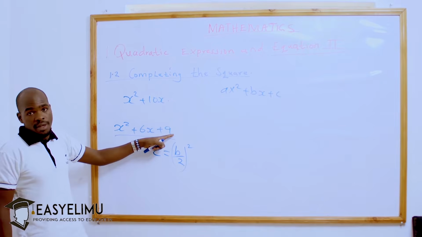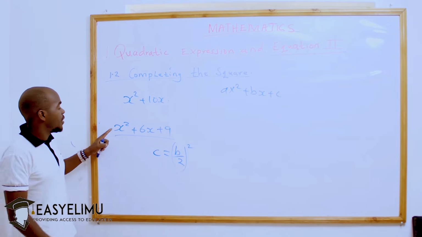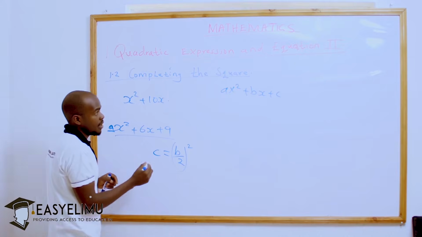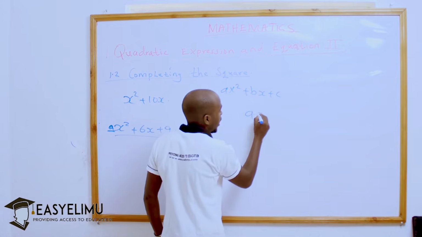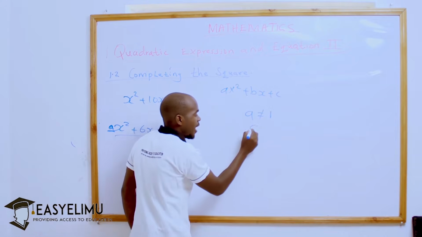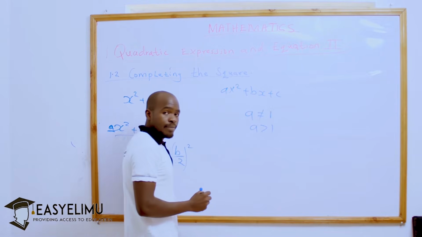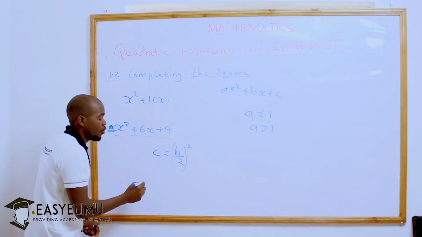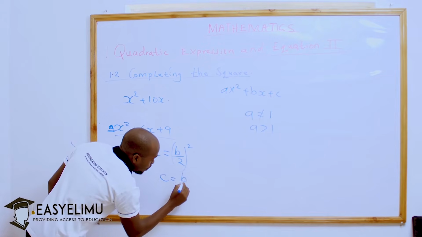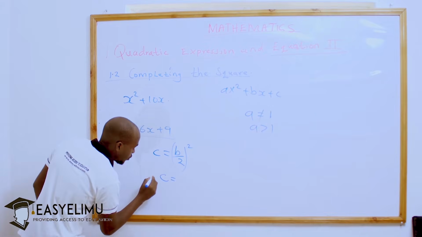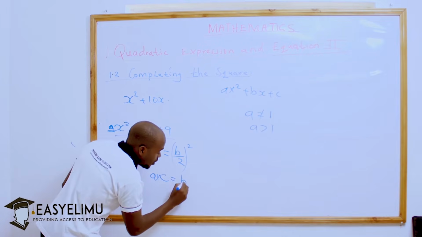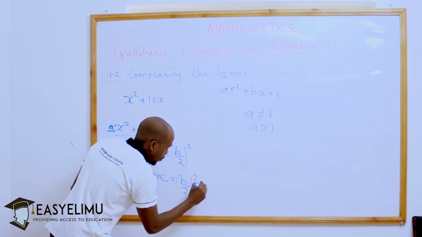And if this a here is not 1, meaning a is greater than 1, then to find the value of c, you will take a multiplied by c, and it will be equal to b over 2 squared.